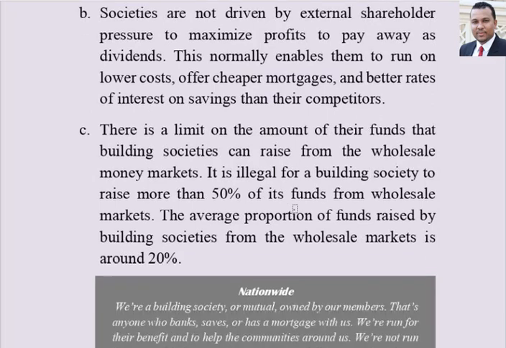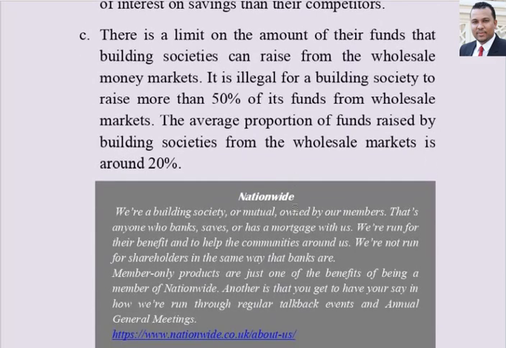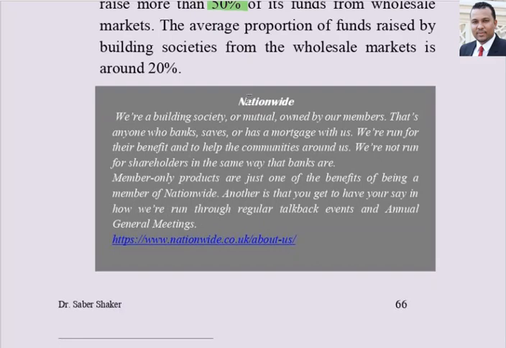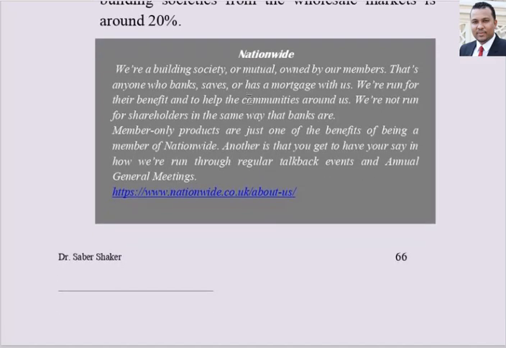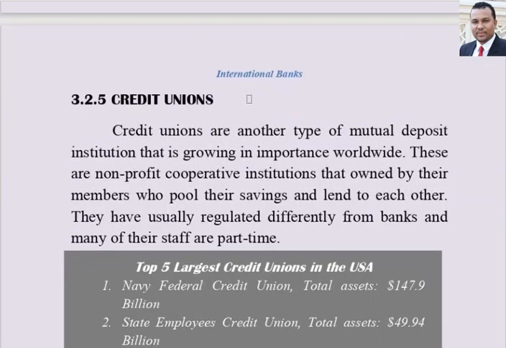What about the regulations or barriers? The building society is subject to harder regulations compared with commercial banks. For example, it's illegal for a building society to increase funding by more than 50%. An example is Nationwide in the UK, a national building society.